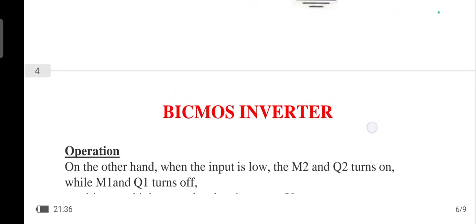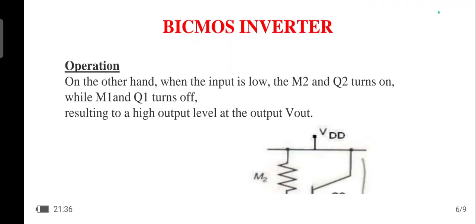Now we will see the operation when the input is low voltage, that means logic 0. Whenever the input is logic 0, the upper transistors come into conduction while the lower transistors are in the off state. Why? Because the upper pull-up P-type device requires a very low voltage for its operation, so the M2 transistor is turned on.